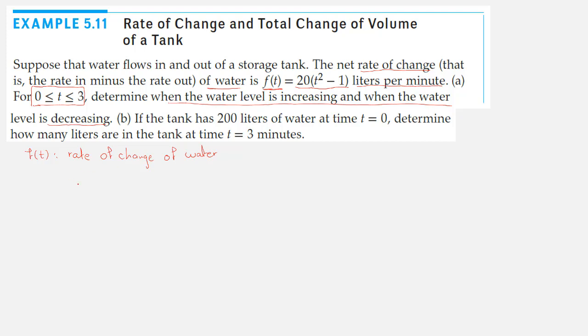First of all, we will write t and we will write f of t. t is 0, 1, 2, 3, because the interval is from 0 to 3, so we will substitute in the function f of t equals 20 multiplied by t squared minus 1 with these numbers to see when it's positive and when it's negative, to know when the water level is increasing and when it is decreasing.